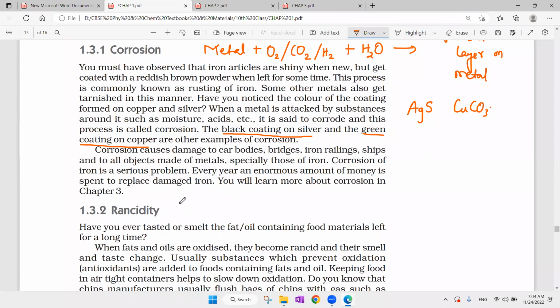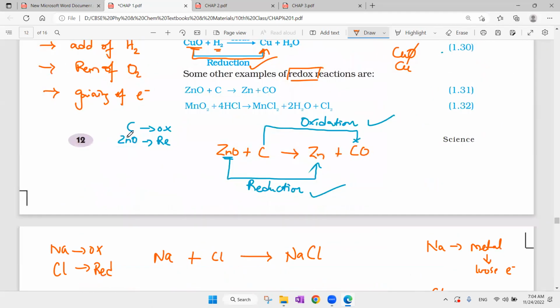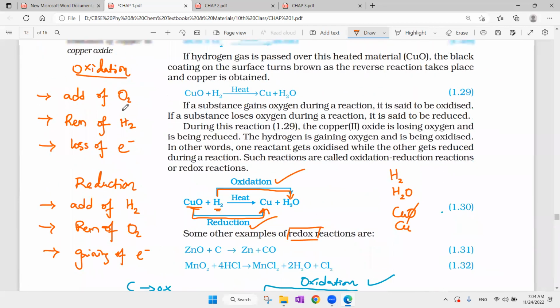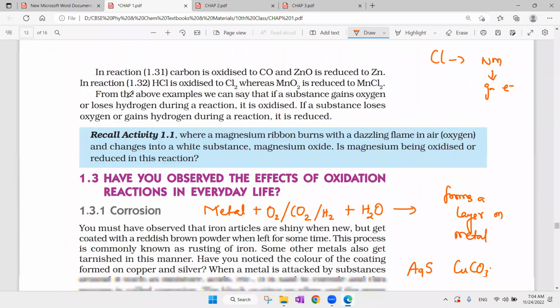If you take food items which contain especially fat or oil, and they are exposed to oxygen, the fats and oils are oxidized. What is oxidized? Oxidation is nothing but the addition of oxygen.